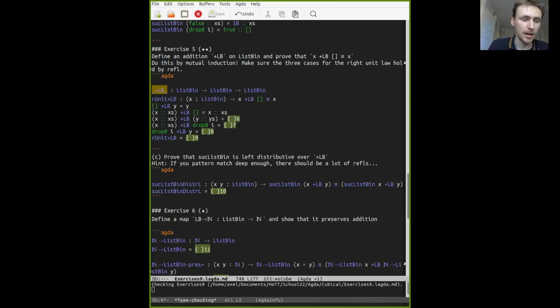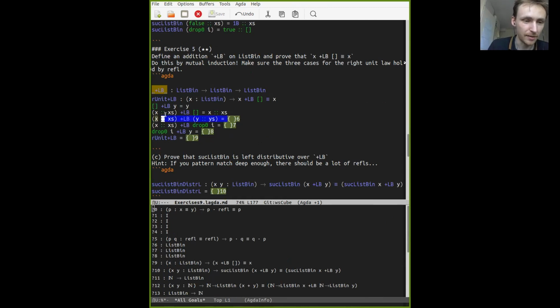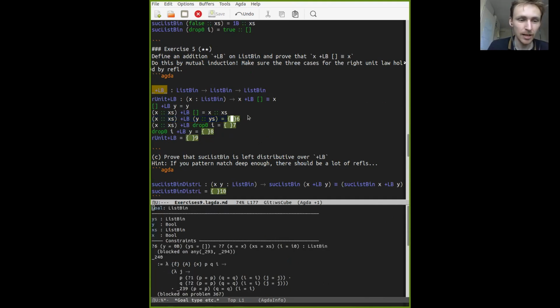Okay. Now we have the main thing here. x xs plus y ys. Now this will depend on what x and y are, right? If they're 0 or 1, or true or false. Sorry, false or true. False is 0, true is 1.